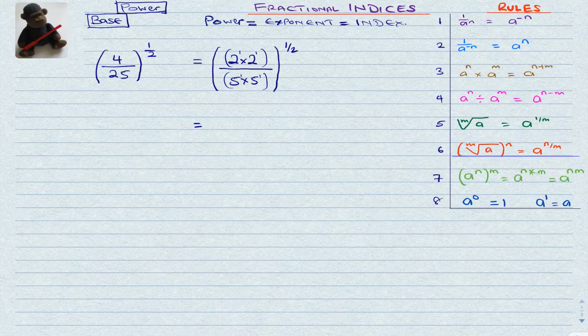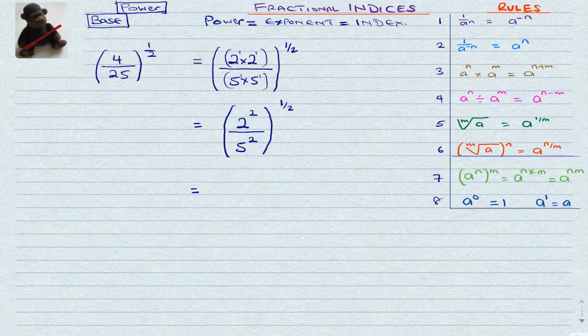And that means that this is 2 to power of 2 when we add the powers together, over 5 to power of 2, times a half. Okay, the power at the top and bottom, 2, is common. We can actually take it out. So that means you're going to have 2 over 5. We take out the power of 2, which is common to both of them.